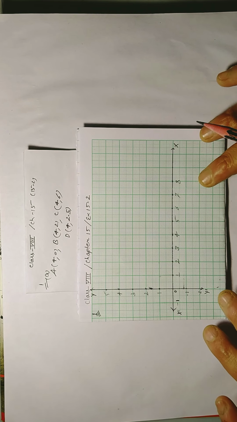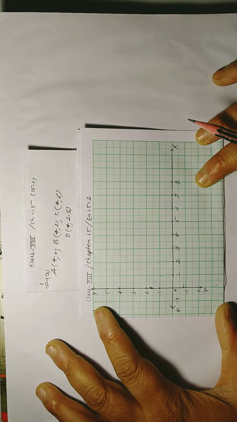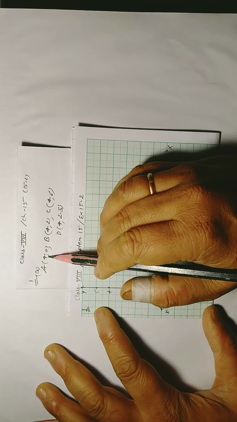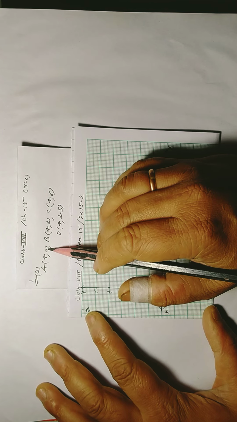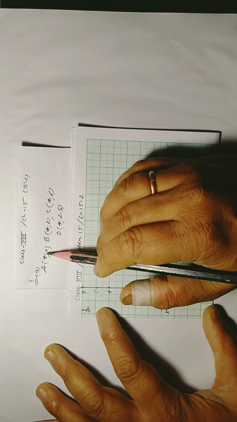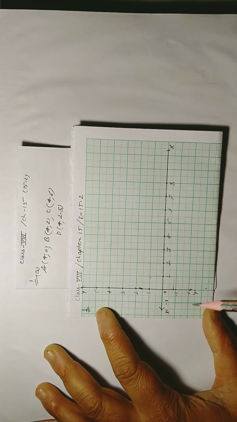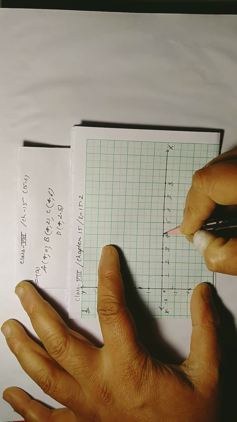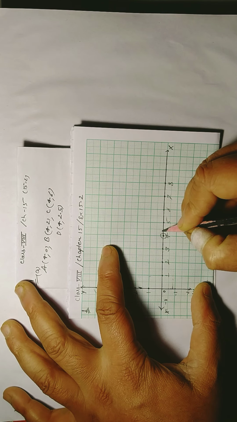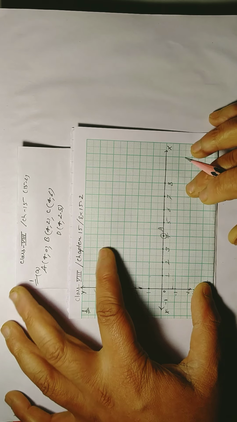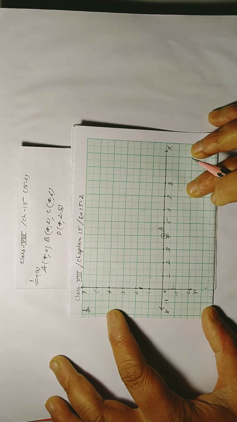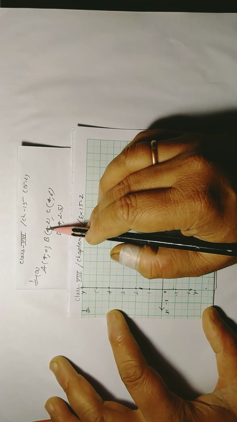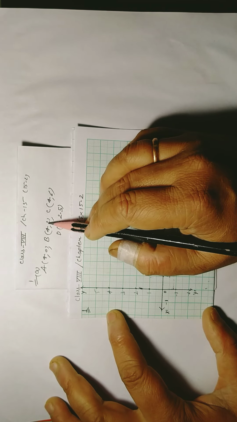Okay students, the first point is (4, 0), in which 4 is called the abscissa and 0 is called the ordinate, and if the ordinate is 0 then the point lies on the x-axis. So the point is (4, 0); name it capital A. Now the second point is (4, 2), both are positive, so the point lies in the first quadrant.